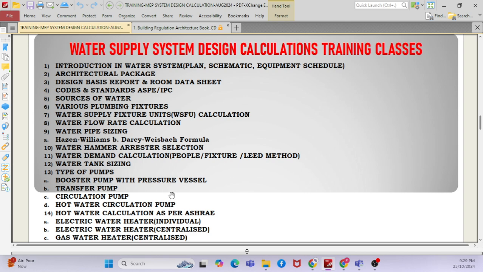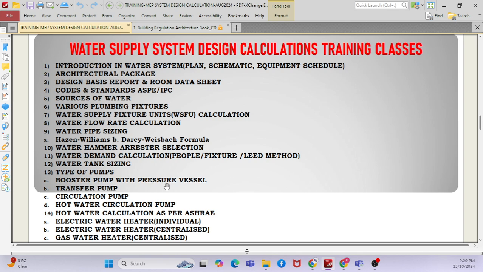Otherwise you will just take some architectural drawing and do the calculation without knowing the basics, right? If you know the basics, you can understand how many toilets are required. When you are with a consultant, you have to coordinate with the architectural people, the structural people, the electrical people, then ELV people, right?